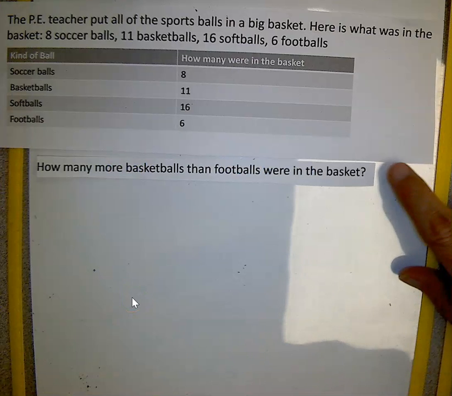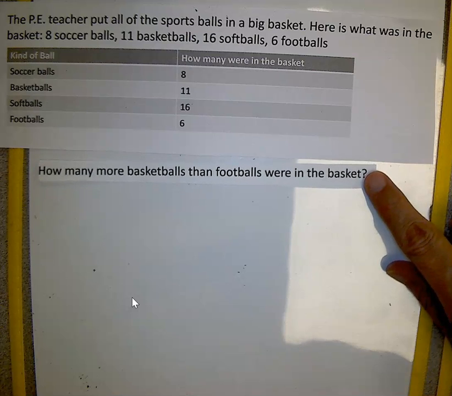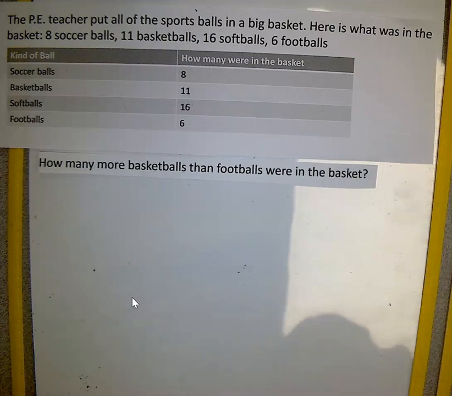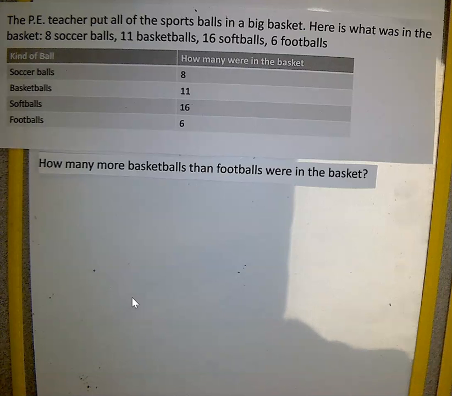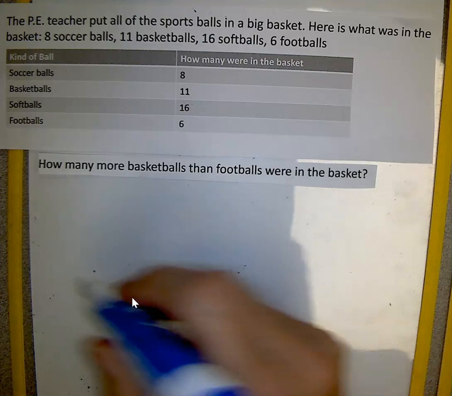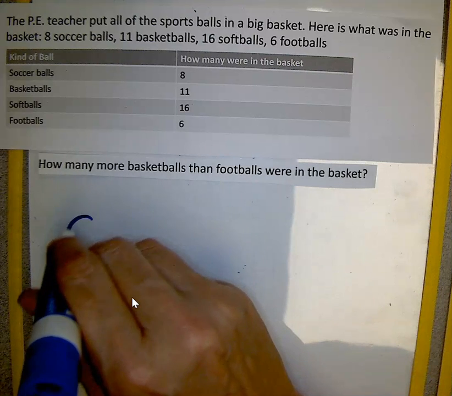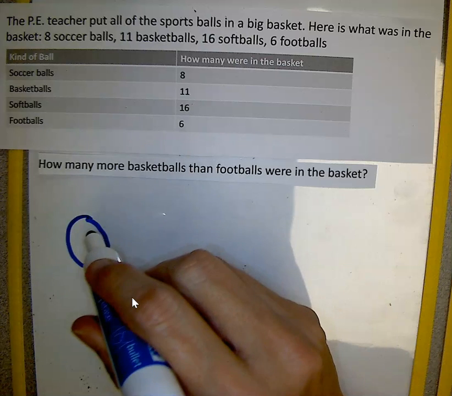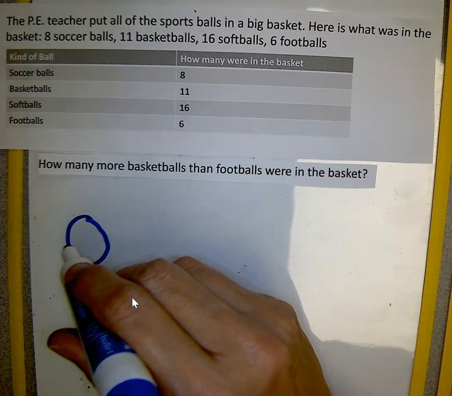Now, we have our same data, and then we are going to ask another question. How many more basketballs than footballs were in the basket? So, let's look. How many basketballs? And I think here, instead of writing the word basketball, I'm going to draw a picture.